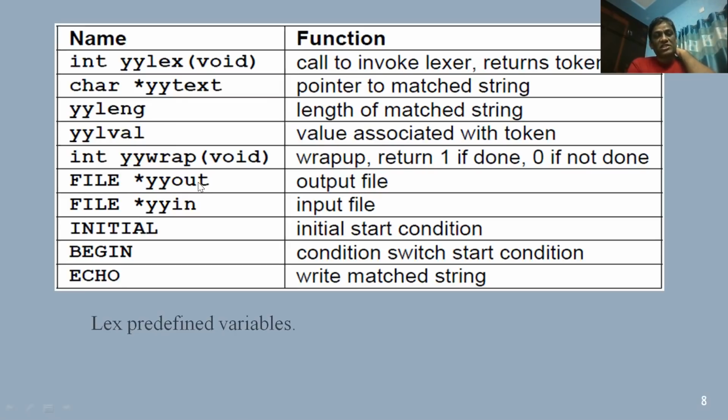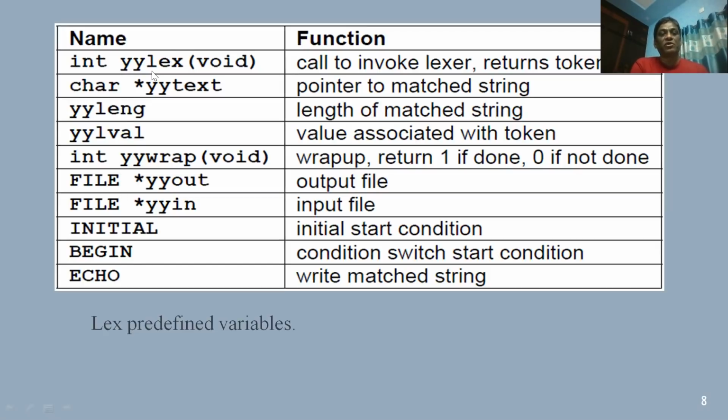yyout is the file where the output of the lexer is written, and yyin takes the input file. INITIAL is the initial starting condition of the lexer, and BEGIN is the condition switch for the start condition. ECHO writes the matched string onto your screen. Okay, so these are the predefined variables.